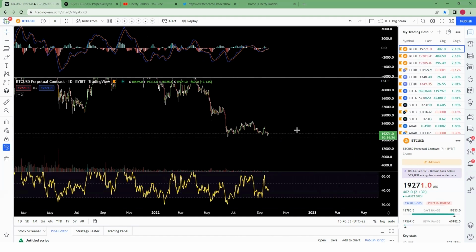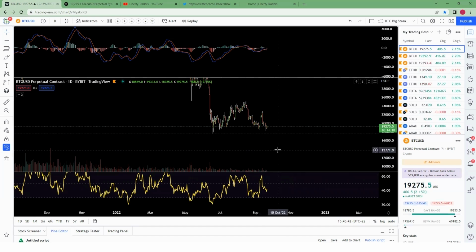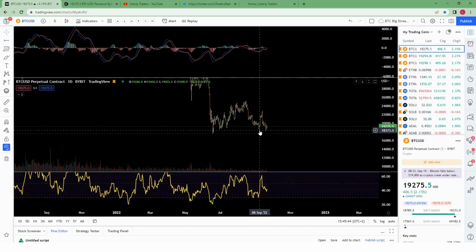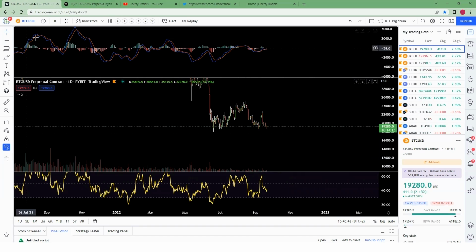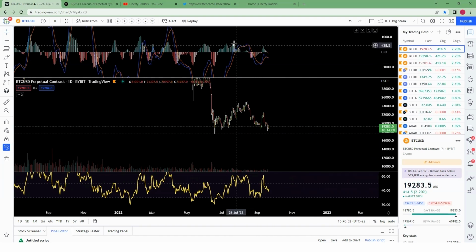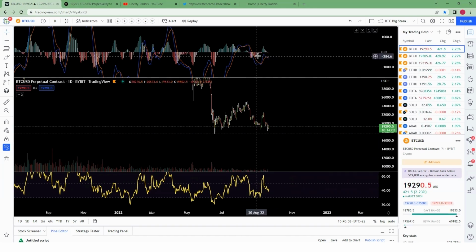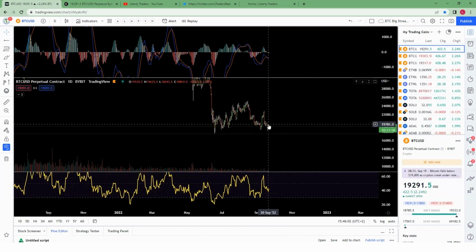Currently, if we did do a swing failure pattern of this low, we can see it's technically bullish divergences on the RSI. So that's currently a bullish sign on the daily. Let's see what it's looking like on the MACD. We do have less selling momentum coming in, so that's also bullish on the MACD as we're coming into these lows.